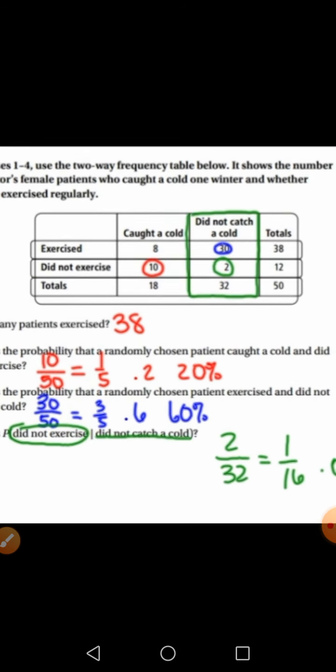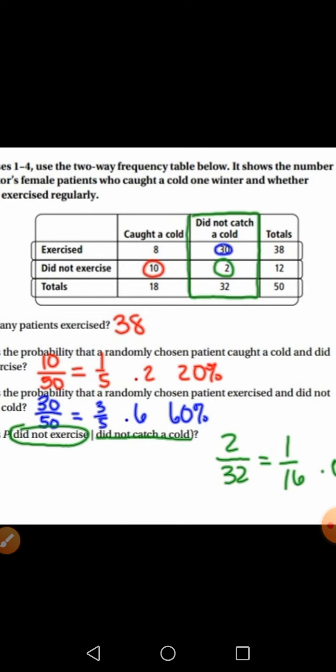Okay, the other number will be what? Patient caught a cold and didn't exercise. So where is this part in the table? Caught a cold and didn't exercise is number 10, right? So it will be 10 over 50. I think it's so easy now, right?